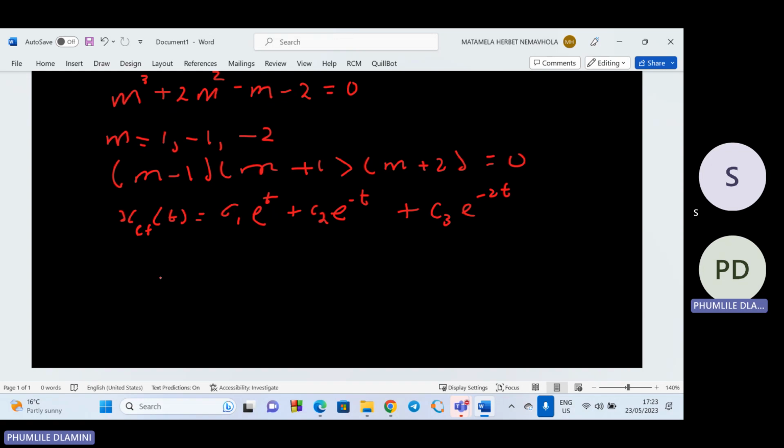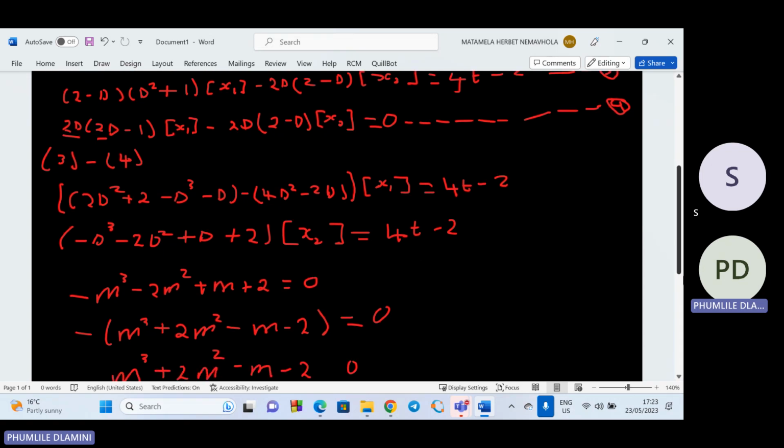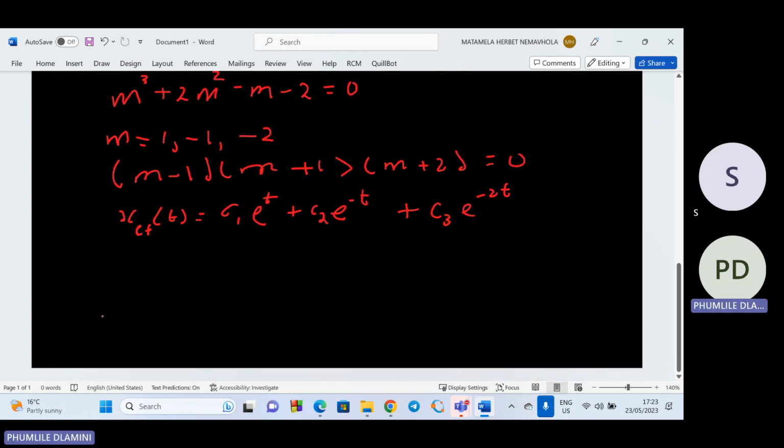In order to find the particular equation, we're going to divide our equation for x2 by this, so that we can have x2 only on one side. So our particular equation, x P of t, is going to be 4t minus 2, divided by that equation, which is the same as substituting D: D minus 1, D plus 1, and D plus 2.